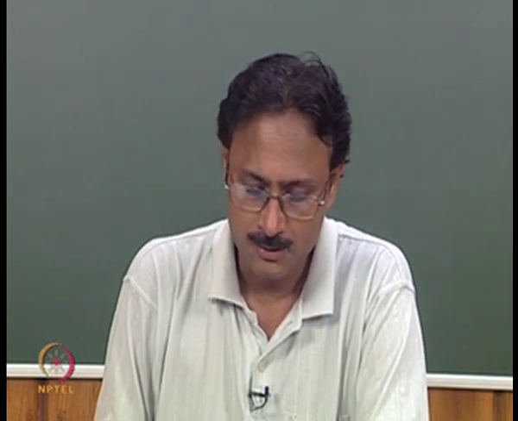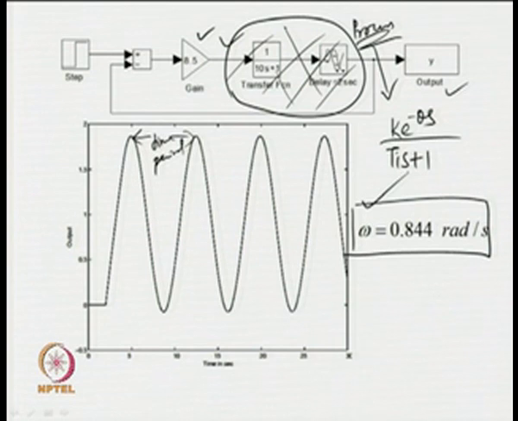We have found the frequency to be 0.844 radian per second. Next, we can measure the peak amplitude of this signal from the peak to peak values, and those values can be used later on.